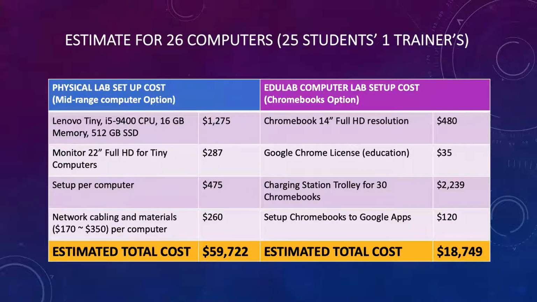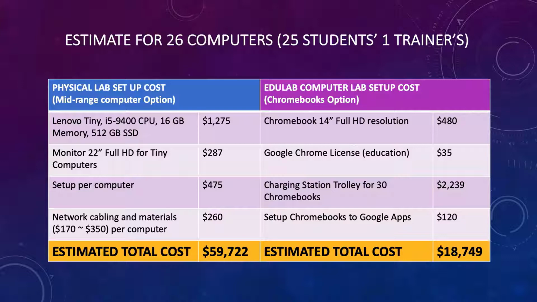So let's say you have one lab of 25 students, but you have one trainer. So let's say you need 26 computers. For the physical lab, I told you already, we'll be using a mid-range computer option. The estimated total came to be around $59,722 to have these 26 computers, and setup cost is included as well.